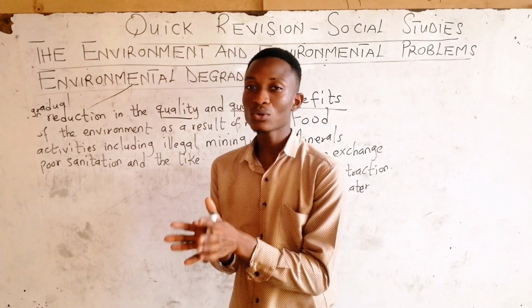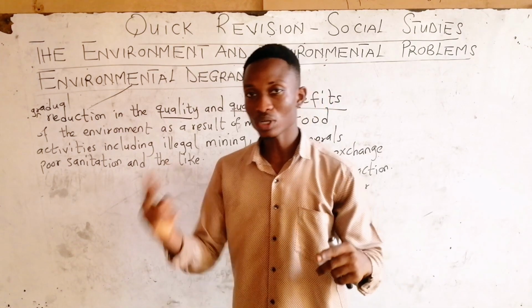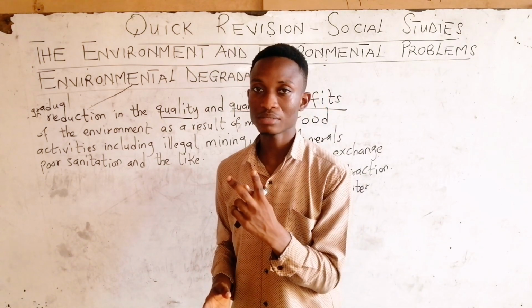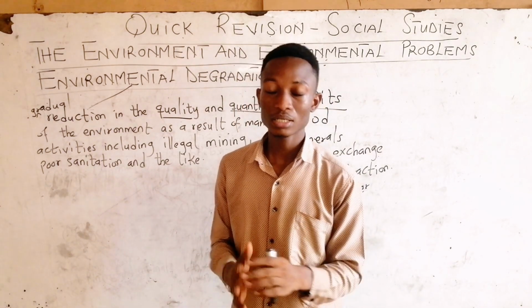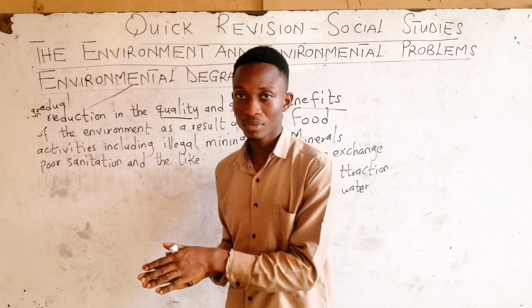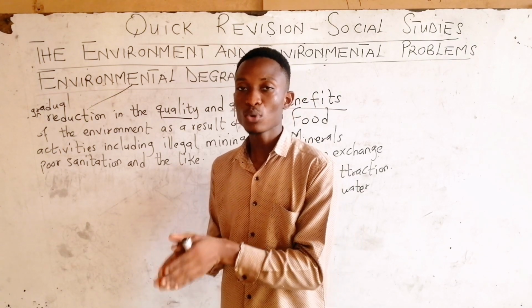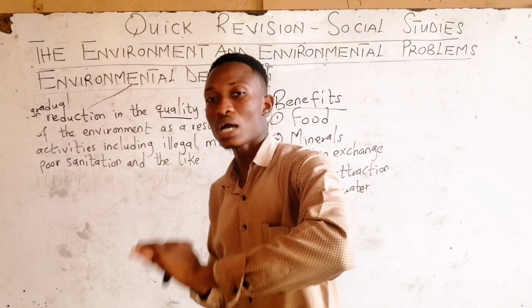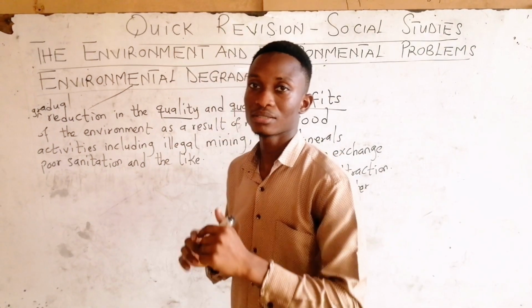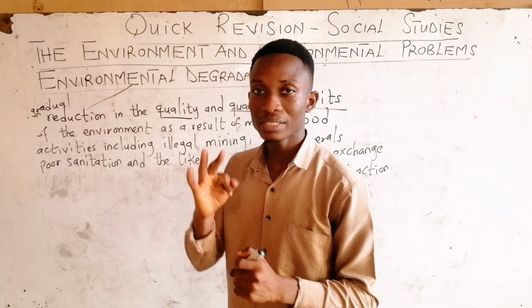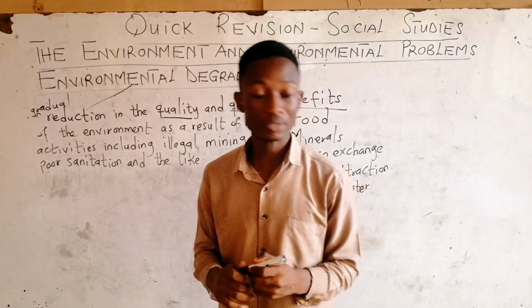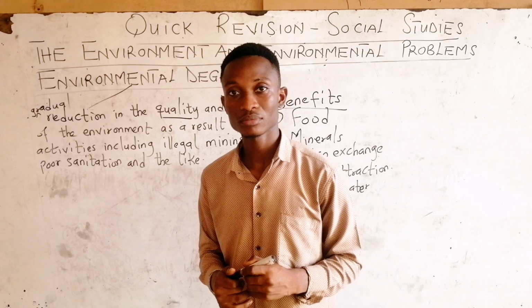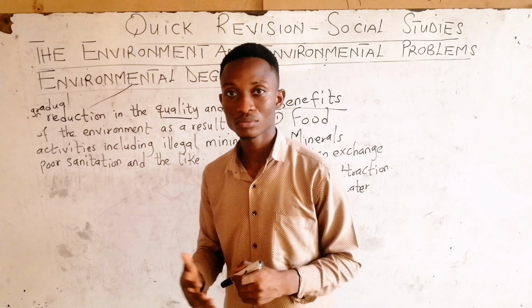The environment mainly consists of the land, water bodies, and air. We should know that it mainly consists of the land, water bodies, and air. So it means that we pose threat to the land, to the water, and to our air. So that will bring us the types of environmental degradation.